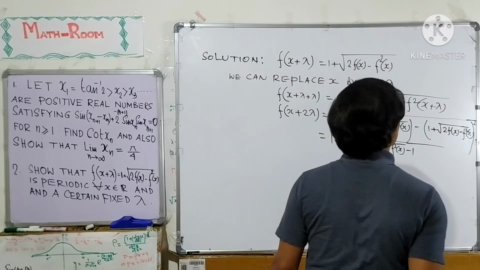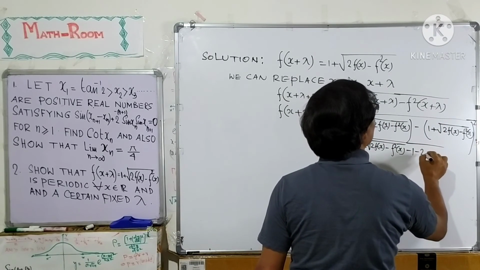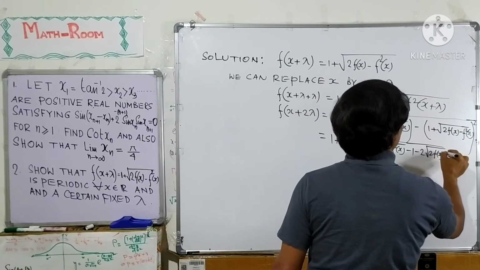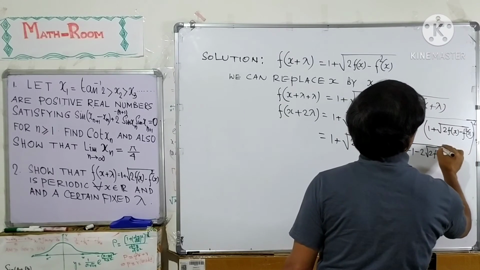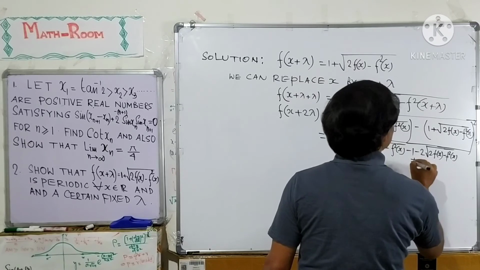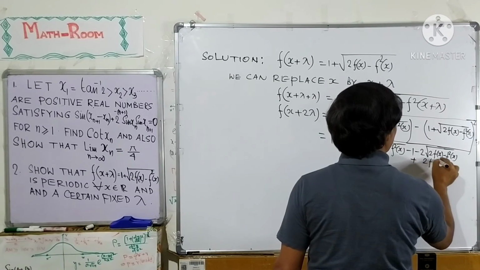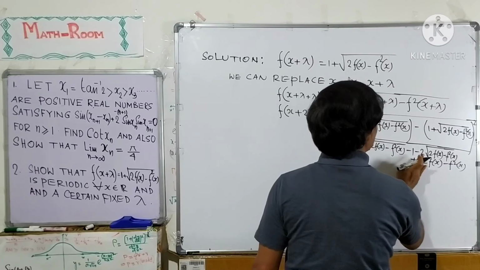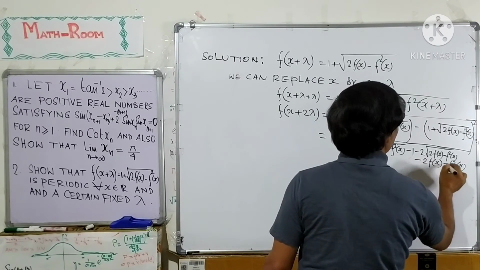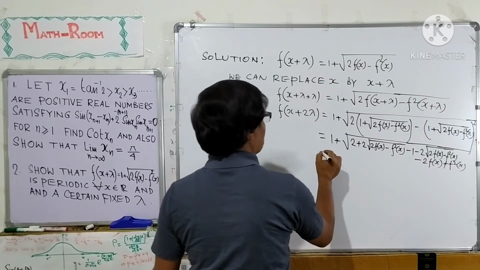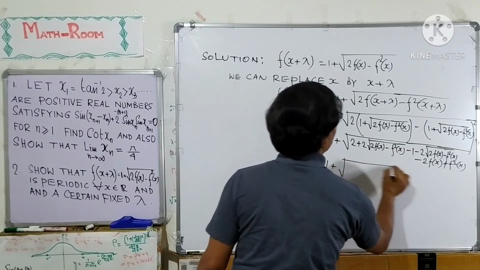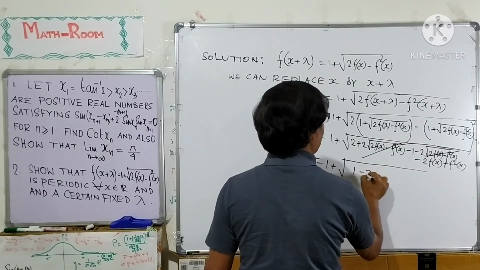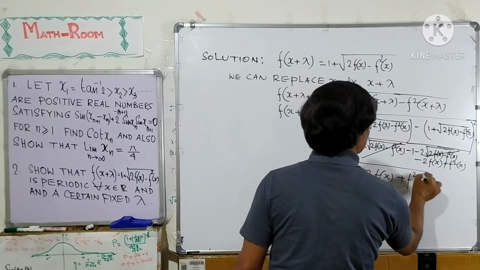If we expand this square, we get minus 1 minus 2 root of 2 f of x minus f square x, plus 1 minus 2 f x plus f square x.